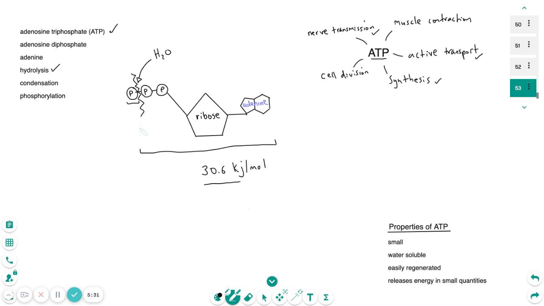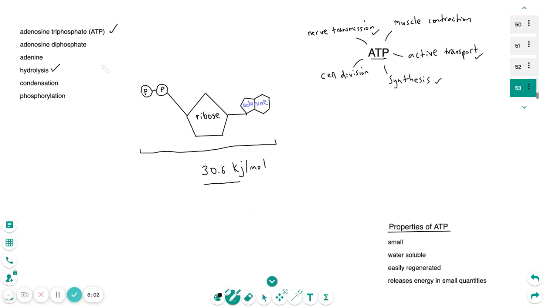We've only got about 6 or 7 seconds worth of ATP stored in the body, so we're constantly having to replenish our stores. Respiration is constantly taking place in our body, and respiration is going to provide the energy to put this phosphate back. Once it's been used, it's gone from ATP to ADP, adenosine diphosphate.